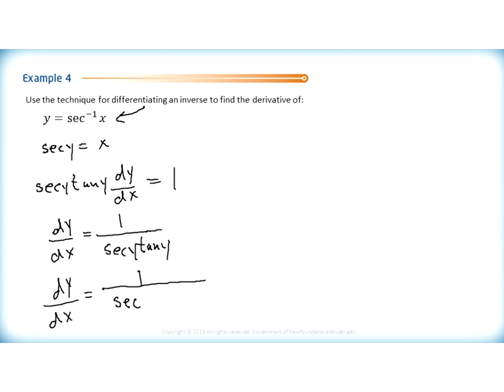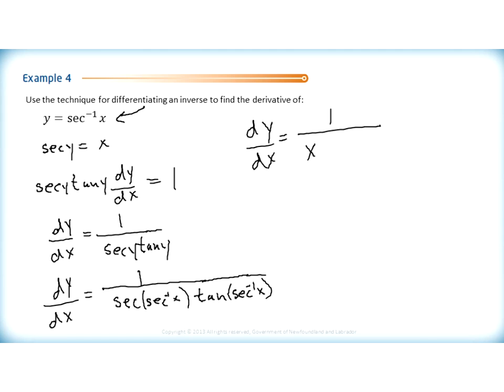All right, so for secant y tan y, we're going to replace the y with what we started with. So dy over dx is going to be equal to 1 over secant of arcsecant of x times tan of arcsecant of x, like so. Then secant of arcsecant is just x.